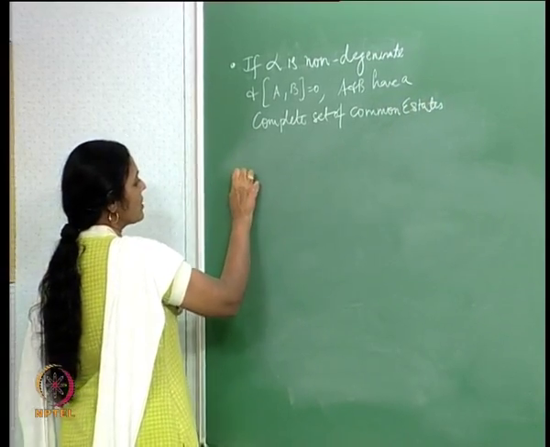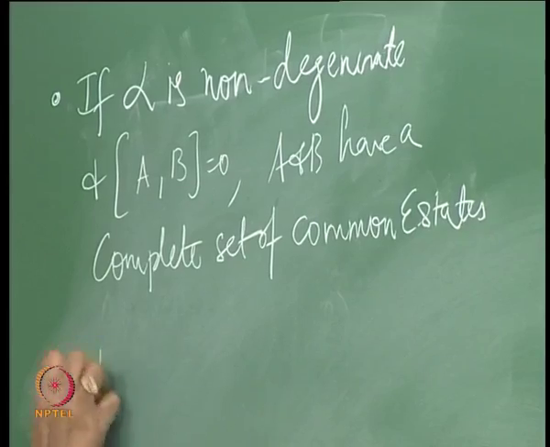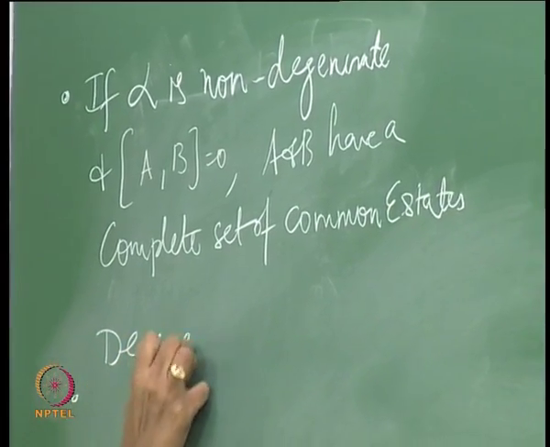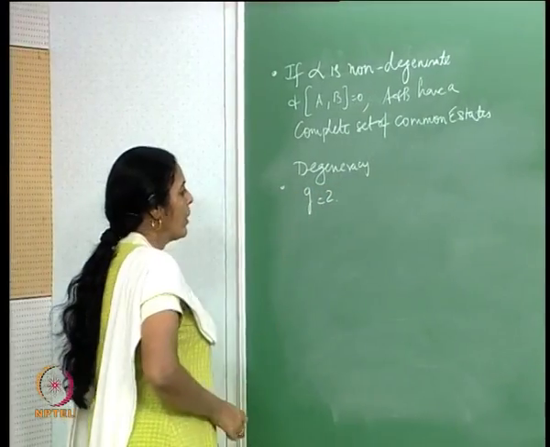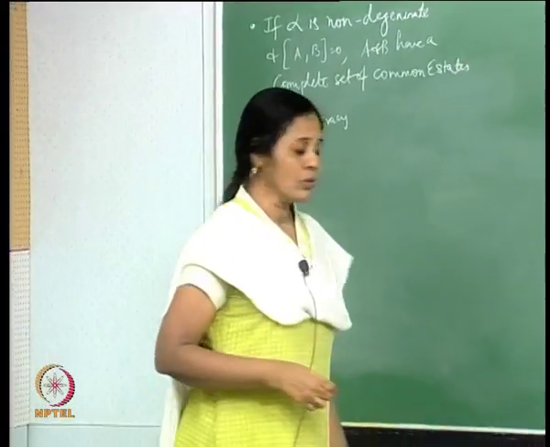So, now we are looking at the second case of degeneracy, and there we look at the simple example G equal to 2.